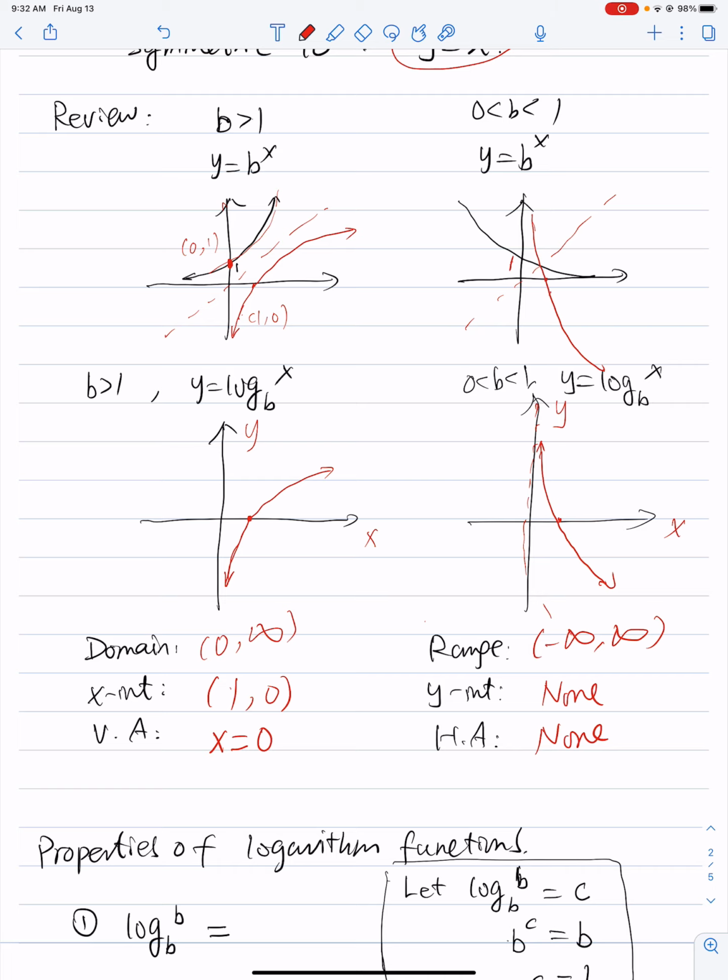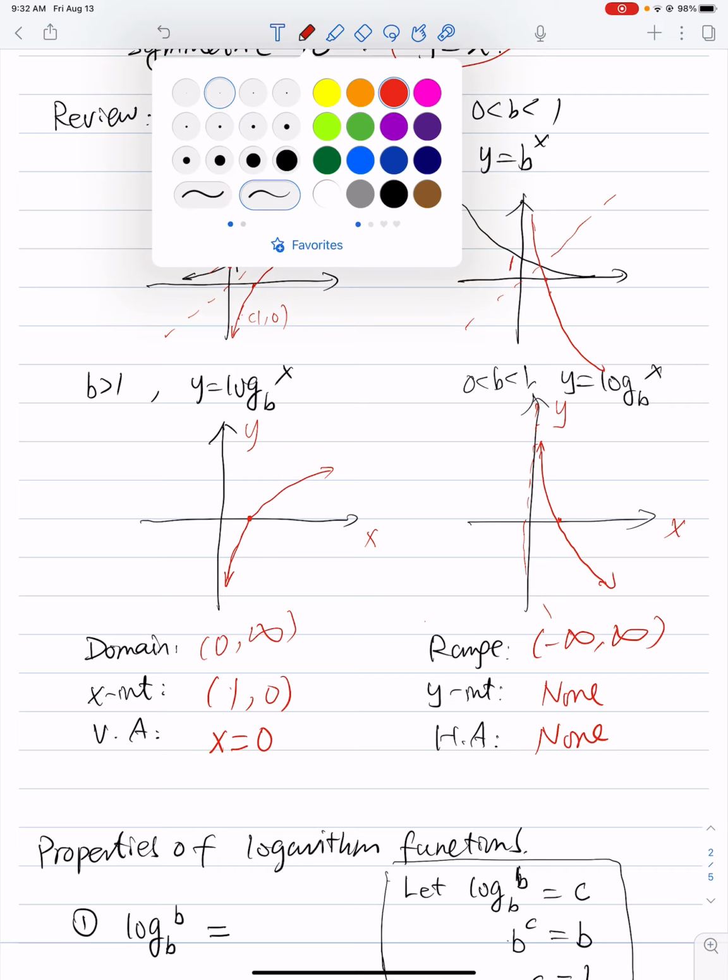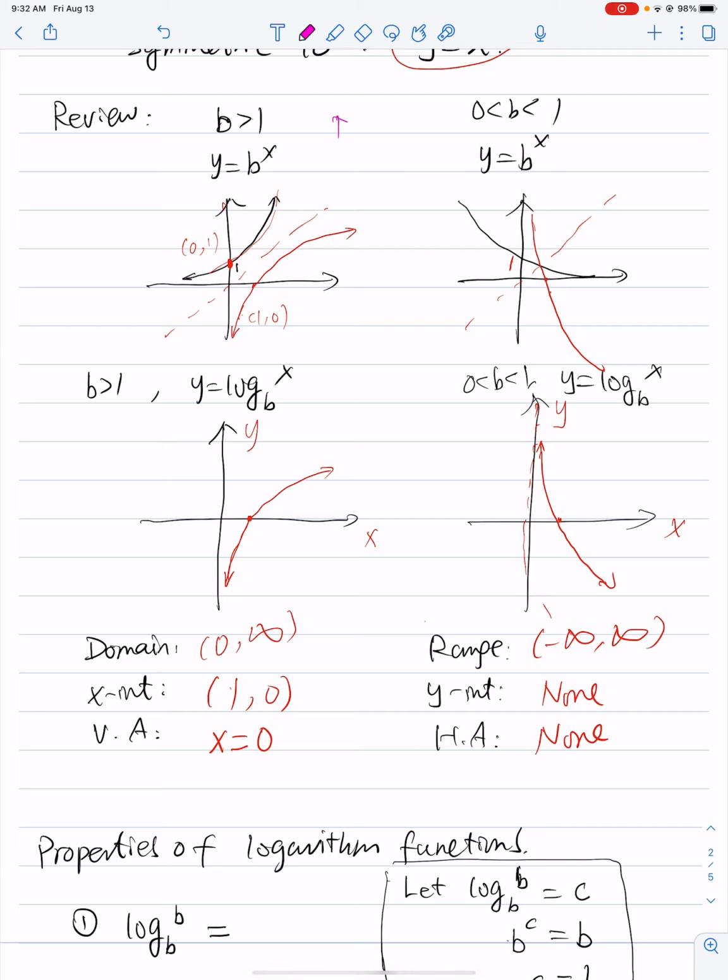So maybe we will review here very quickly. What is the domain here? It's negative infinity to infinity. Range, 0 to infinity. X-intercept, now y-intercept 0, 1.